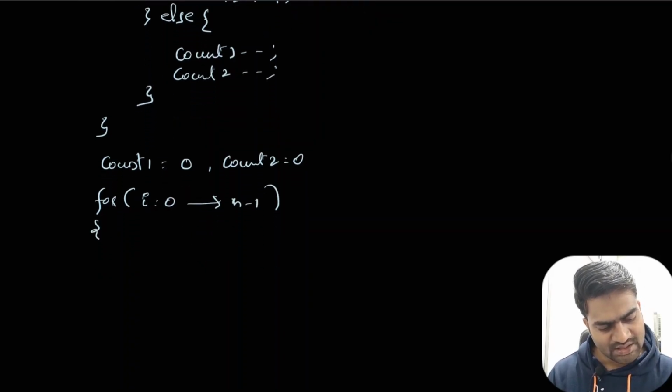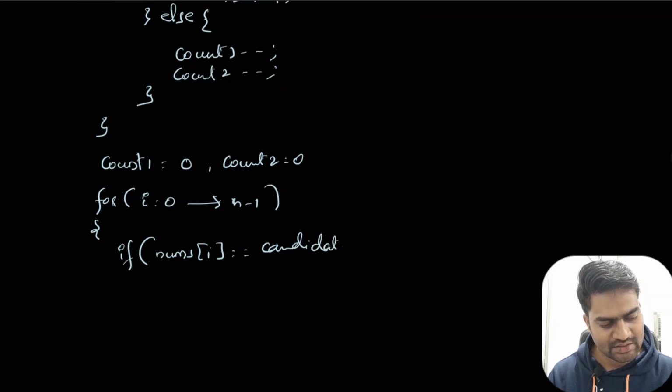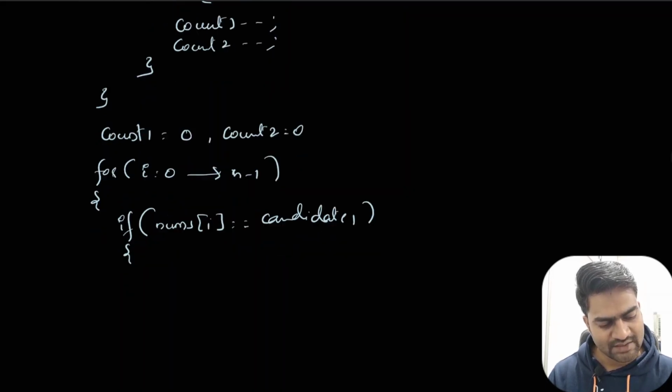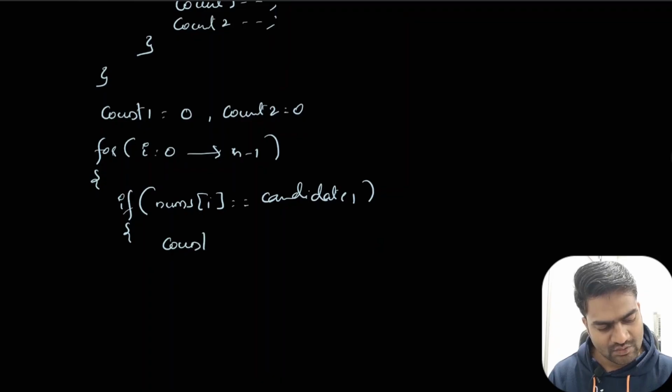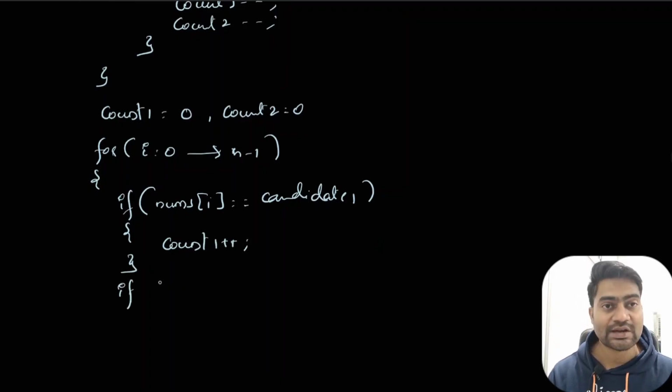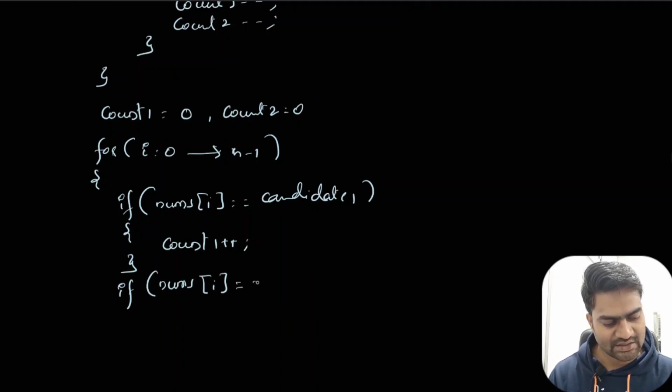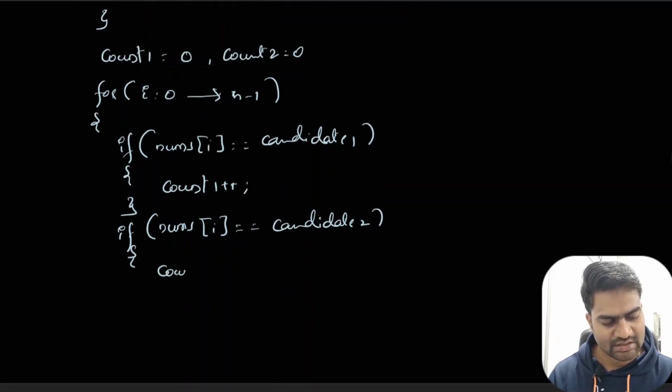If nums of i is equal to my candidate 1, I will say count 1 plus plus. I will use one more if statement: if nums of i is equal to candidate 2, then I will simply increment count 2 plus plus.